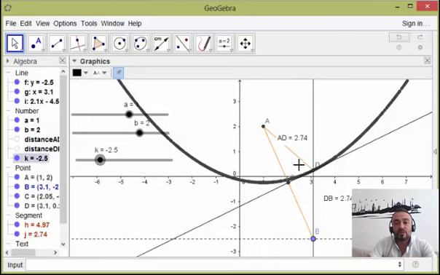Just try to write the equation of the point whose distance to the ordered pair AB and the line y equal to k are the same, and this equation will be in terms of A, B and k. Just simply write that equation into the input bar. You will see that the curve and this trace are the same. Thank you very much for watching me.